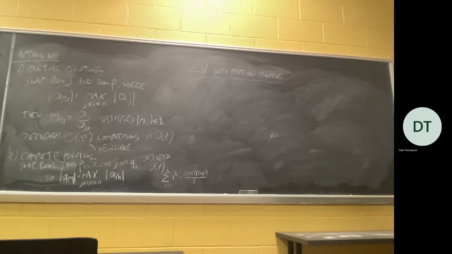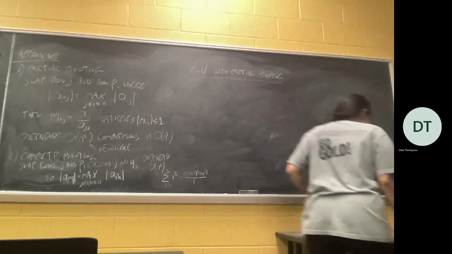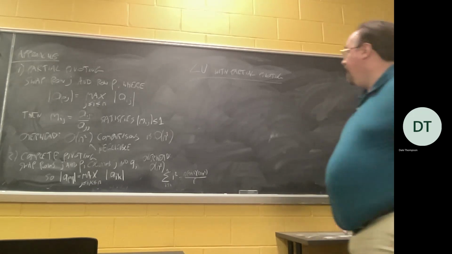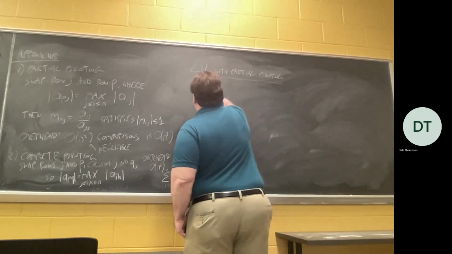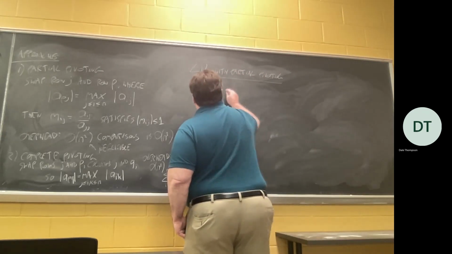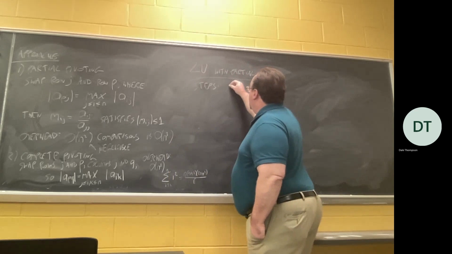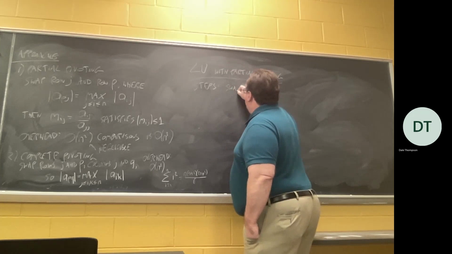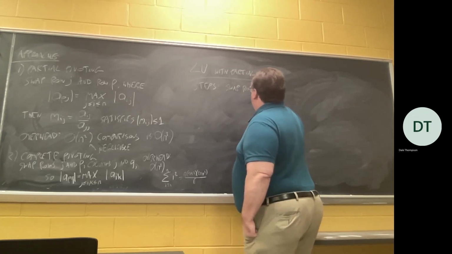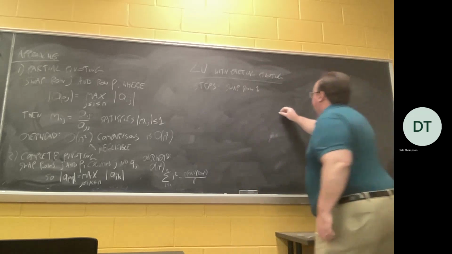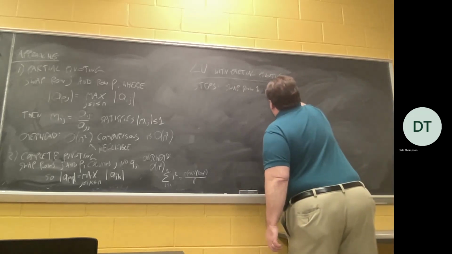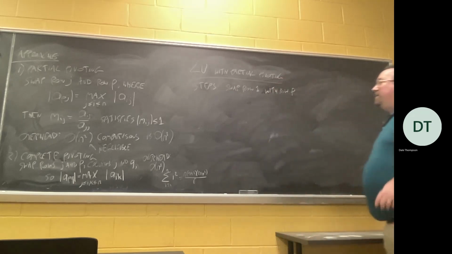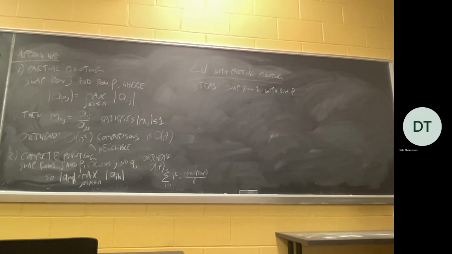So the idea is, if necessary, you swap row 1 with some row p, where the largest entry sits, as p is defined on the left of the board.